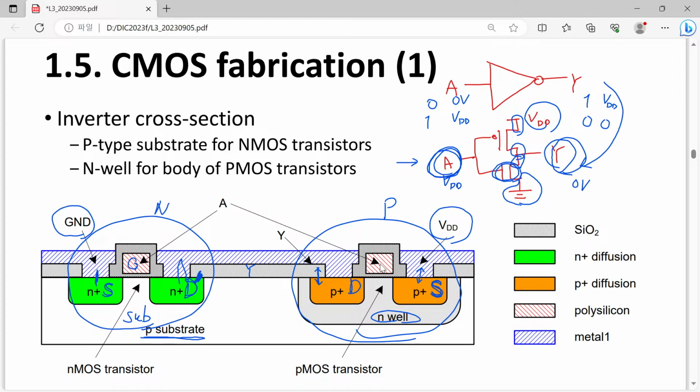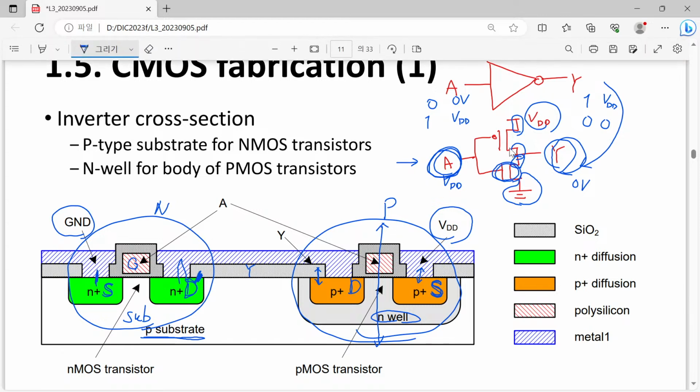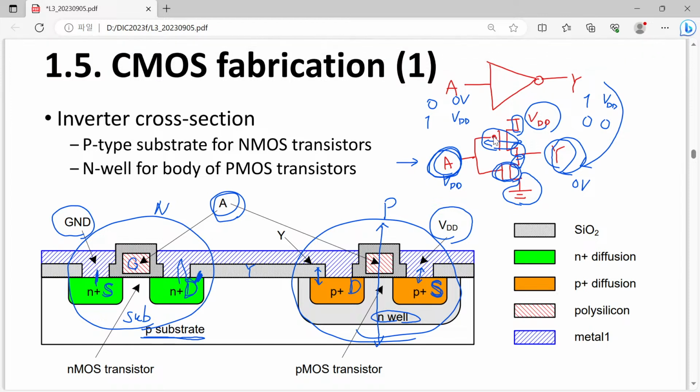Of course, you once again have the MOS vertical structure here, driven by signal A, which can be found here also.